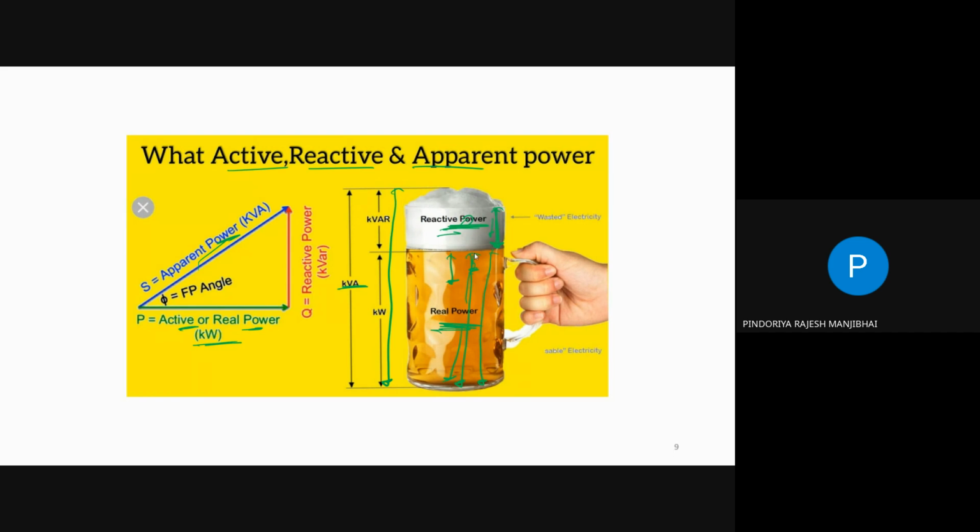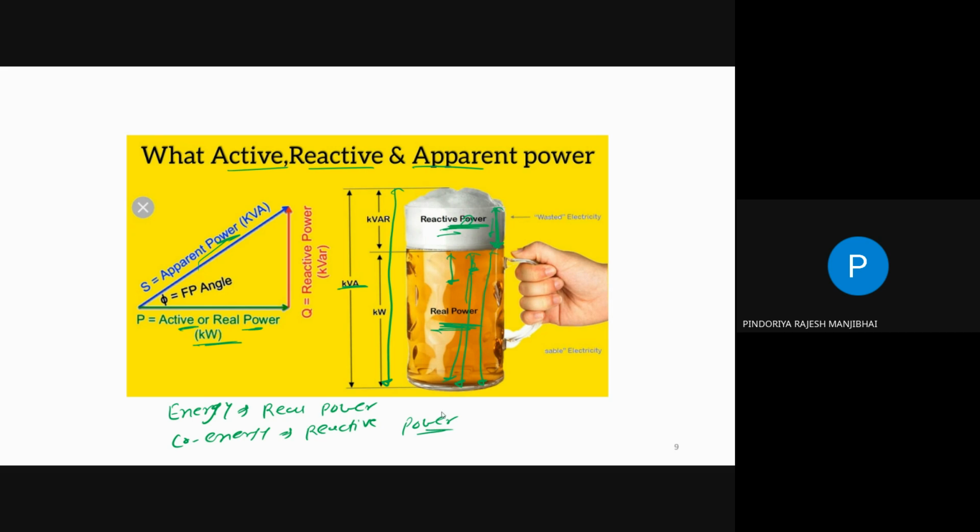Based on this example, I can say there is energy. So what is energy? Energy is your real power, and co-energy is your reactive power, correct? So this is a simple concept.